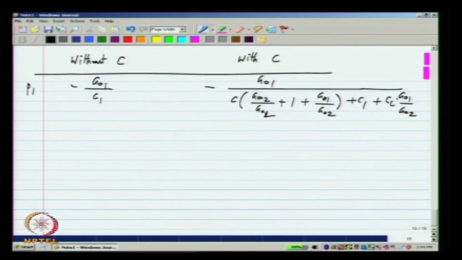Now, we can already see some relationship between the two. We have Go1 by C1 plus some capacitance, and what is that capacitance? That is C times Gm2 by Go2 plus 1. Now, why do we get a term like this?